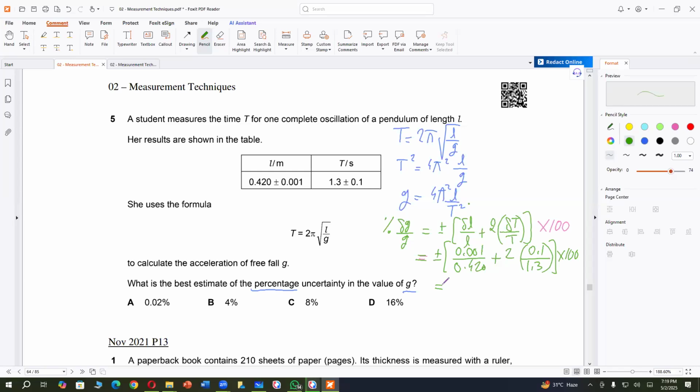One second. Now I'm getting 15.6. 15.6, it means it is approximately 16%. Yes, sir.